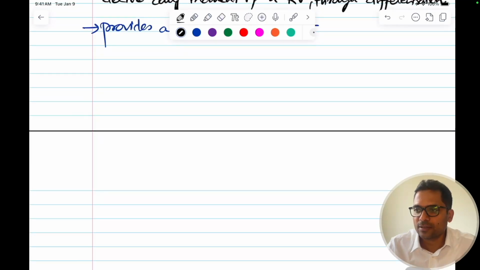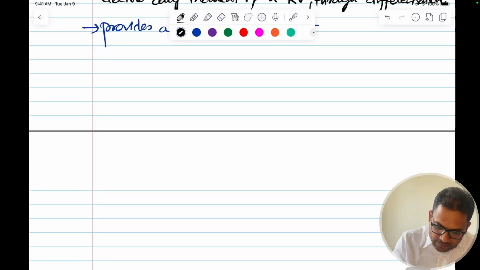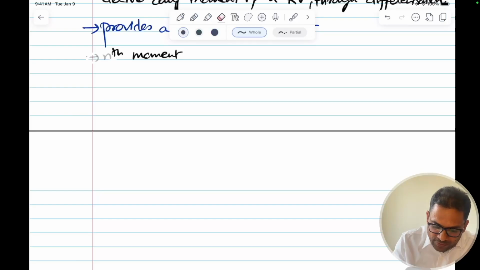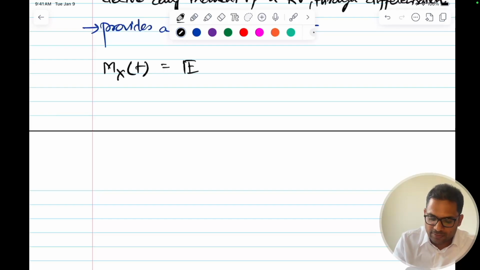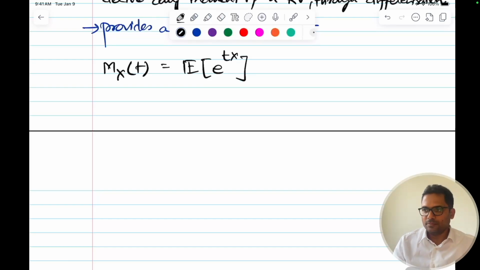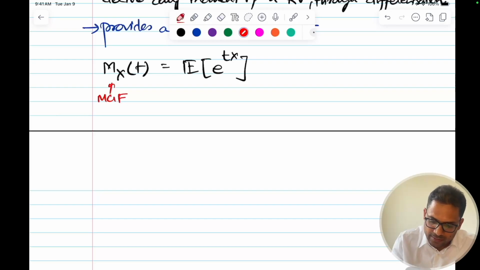What is the intuition? Let me give you the formula. This is the main formula. The moment generating function of any random variable X is given by the expectation of e to the power tX.